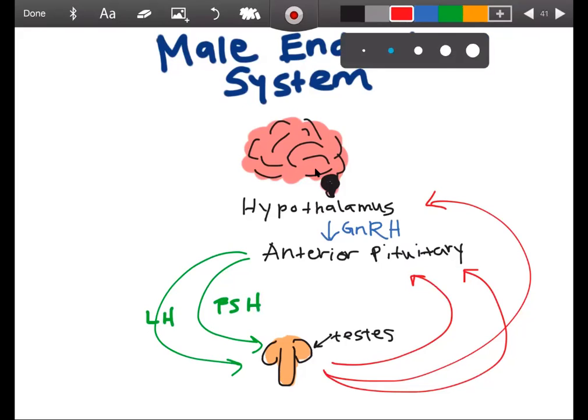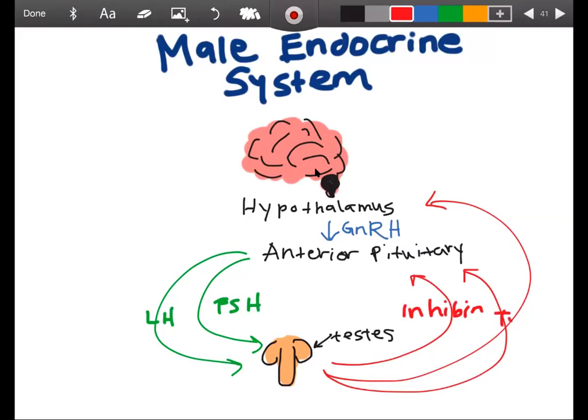So the testes will send these hormones referred to as inhibin and testosterone to the hypothalamus and to the anterior pituitary gland, and they'll be like, we need to stop sperm production. And so then the body will stop creating sperm.